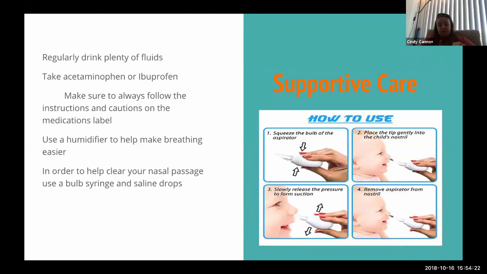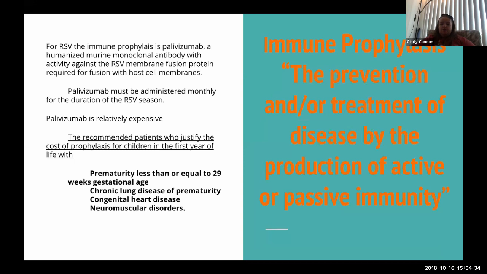You just squeeze it, place it into the nose, and let the pressure squeeze some of the mucus out to make it easier to breathe. Sometimes saline drops also help with this. All right, so immune prophylaxis is basically the prevention or treatment of disease by the production of active or passive immunity.